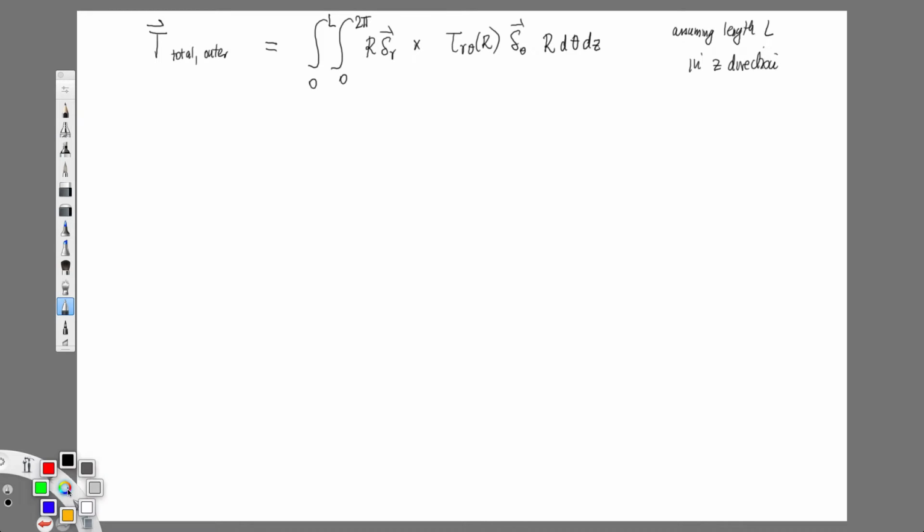Now, what is the vector delta r, the unit vector in r direction, cross product delta theta? Remember the right-hand rule, right? So this is going to be the third vector of this coordinate system, which is delta z.